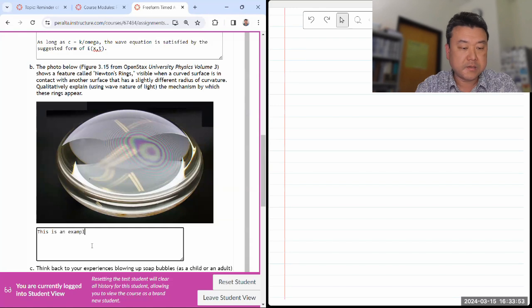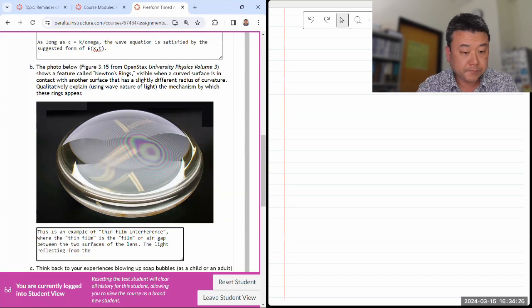This is an example of thin film interference, where the thin film is the quote-unquote film of air gap between the two surfaces of the two lenses touching each other.